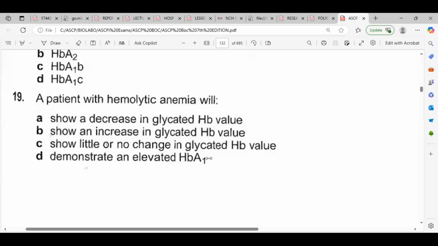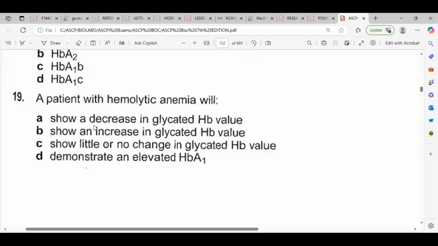It will decrease, because what we need to remember also here is the mechanism, the method of testing HbA1c. What method do we use? We use a method of breaking down RBC first, because when we are testing for HbA1c, we have to use RBCs, not plasma, not serum.